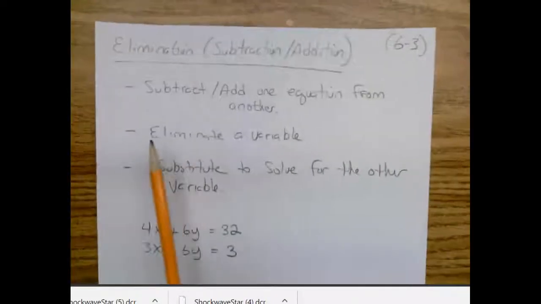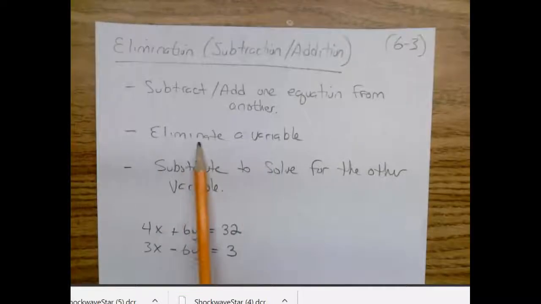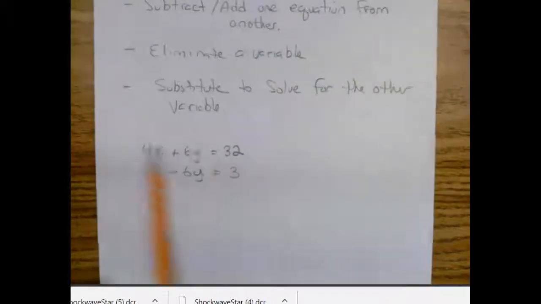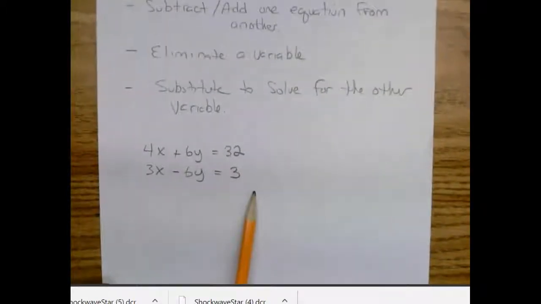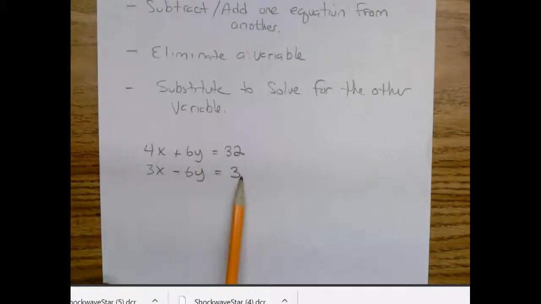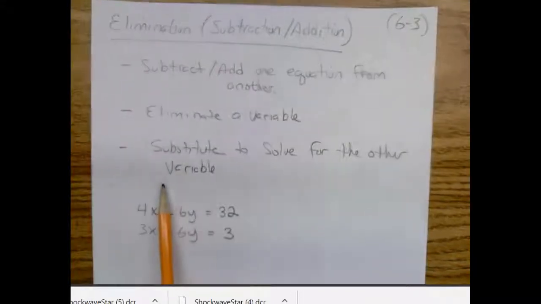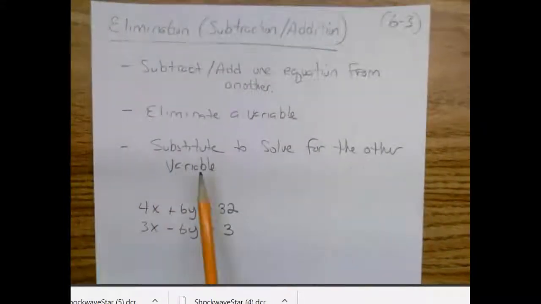When we do this, it should always result in eliminating one of the variables. So when you're looking at systems of equations, like these two right here, you want to look for things that are opposites, so then we can add them, or maybe something that is the same, and then we can subtract. And we just substitute to solve for the other variable when we're done.